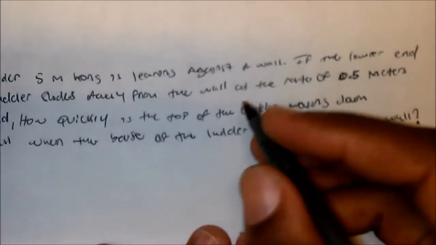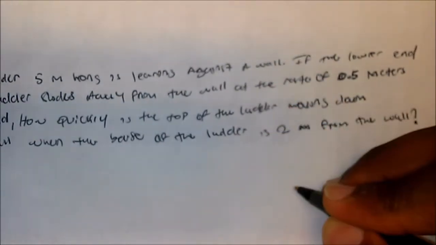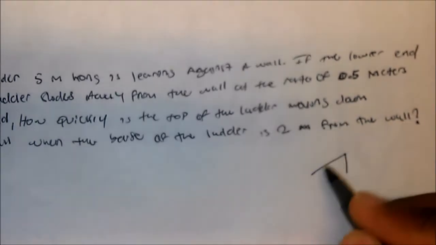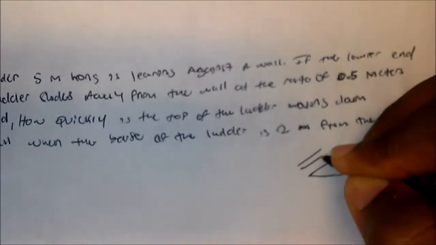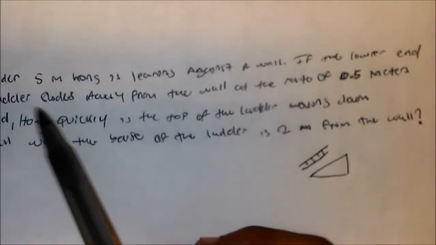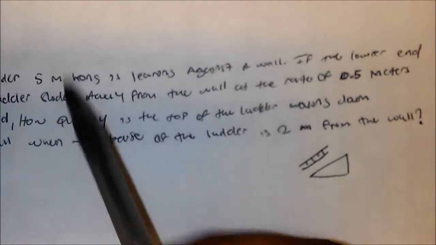Again, maybe we should draw a picture here. So we have this triangle, and we have a ladder leaning up against this wall. So the ladder is 5 meters long.